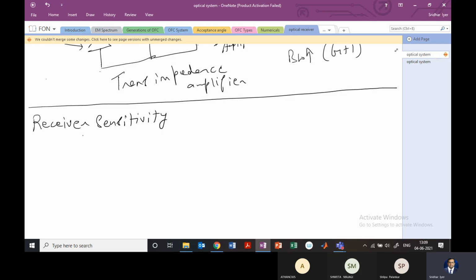So if a system can meet the same desired performance with lesser power, I will actually go for that system, right? So we need to understand what this receiver sensitivity is, and a connected concept which we need to discuss with the receiver sensitivity is known as quantum limit. Quantum limit. So we'll see what this quantum limit is.